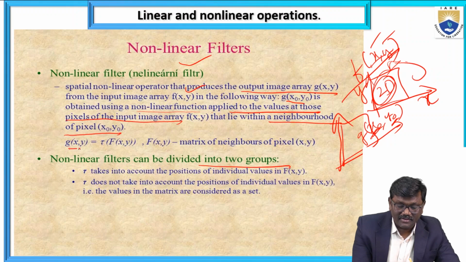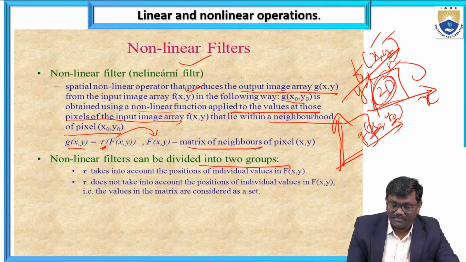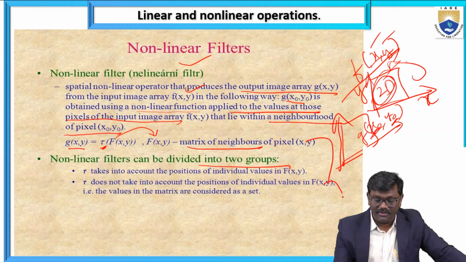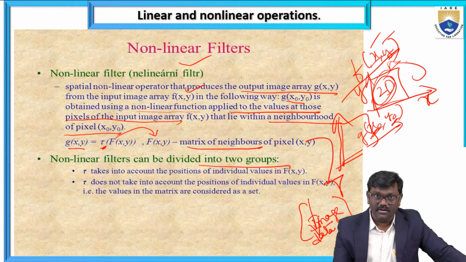That means g of x comma y is your non-linear filter operation of tau, that is your function of capital F of x comma y, where capital F of x comma y is nothing but the matrix of neighbors of the pixel values x comma y. That is, these matrix values are the image data, in terms of a matrix, column wise and row wise.